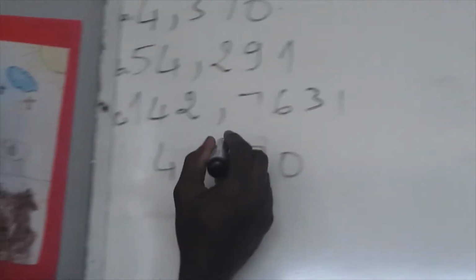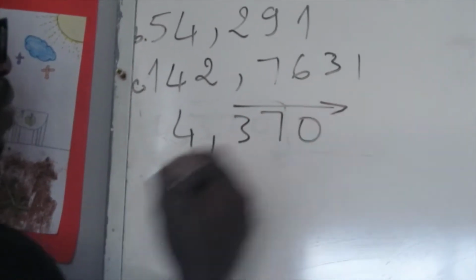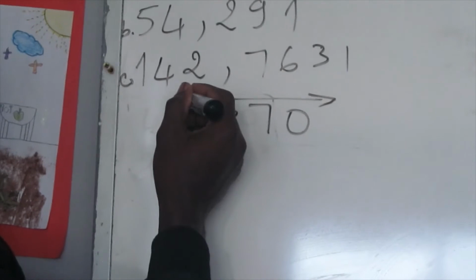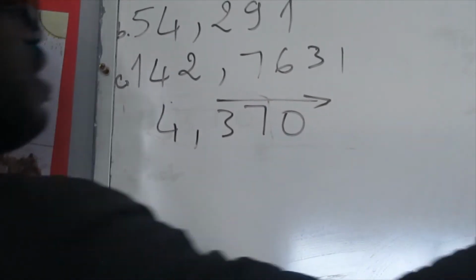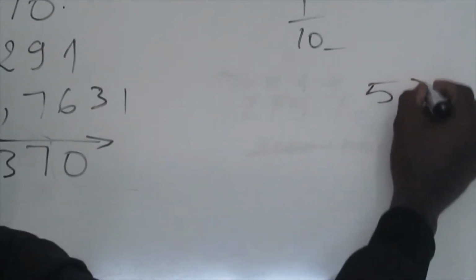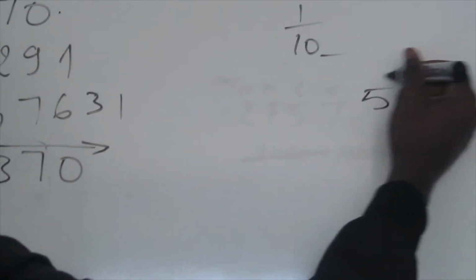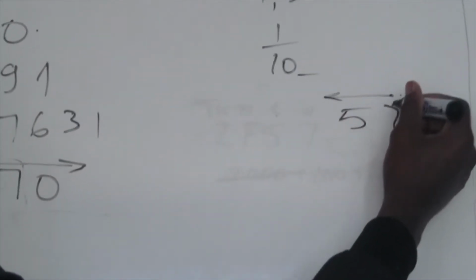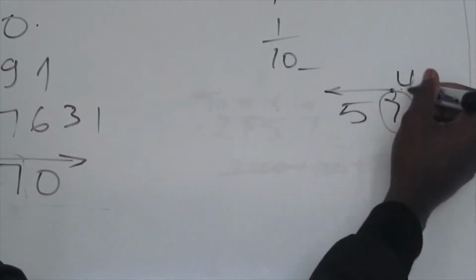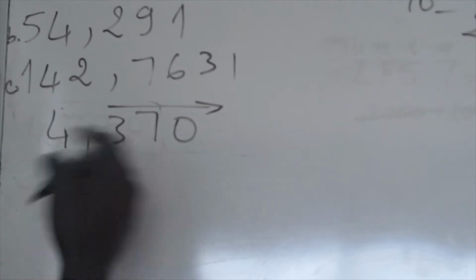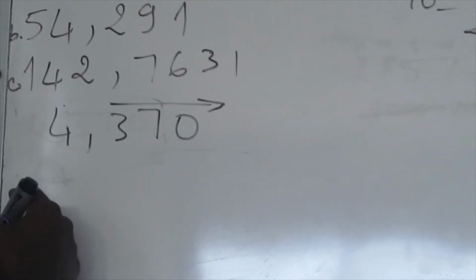We will place value the decimal part going to our right. With the whole number, we always start from our right going to our left. If we have 57, the last digit is our unit, then the next one is our 10. We will apply the same law here as well.